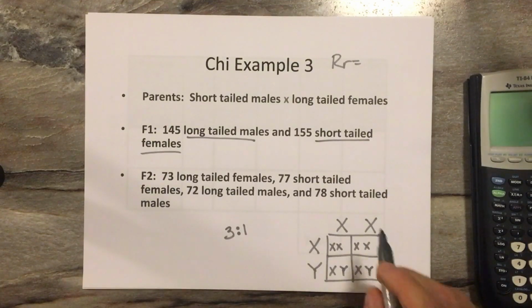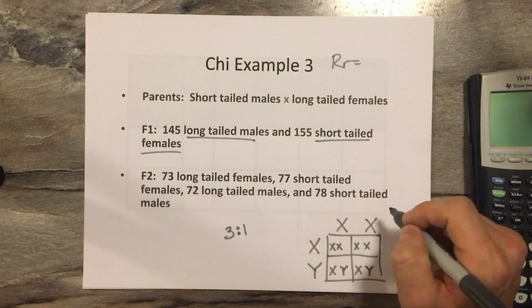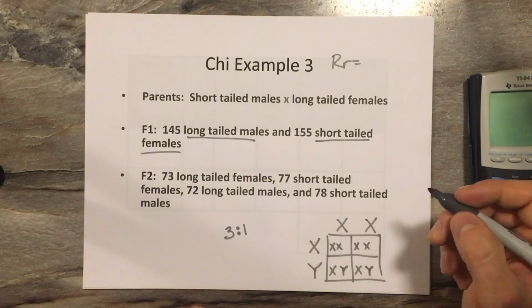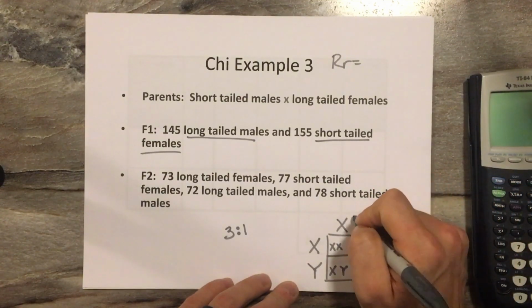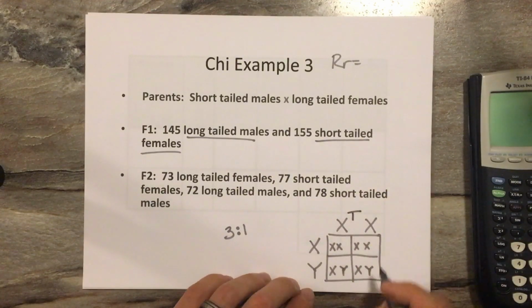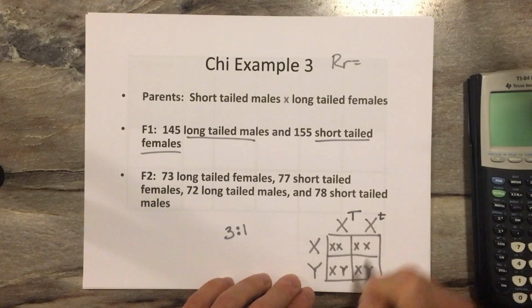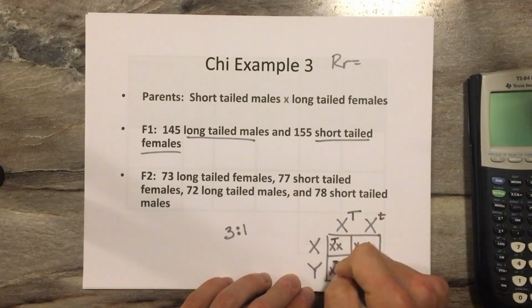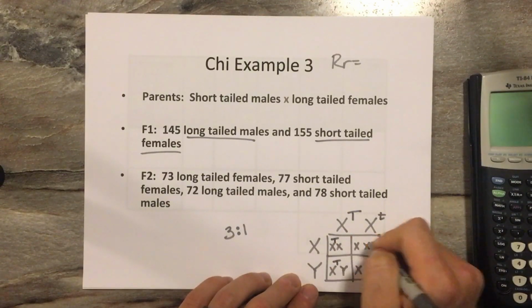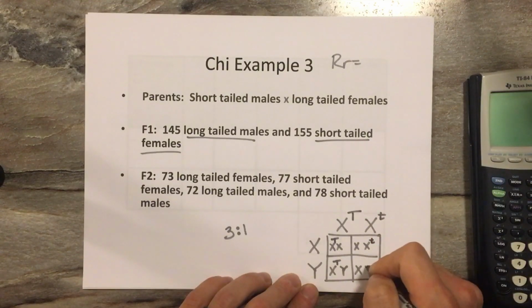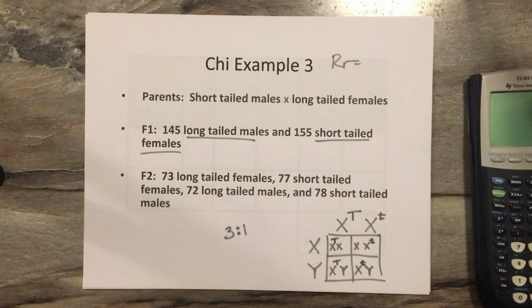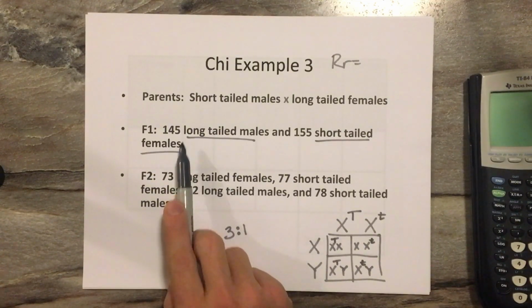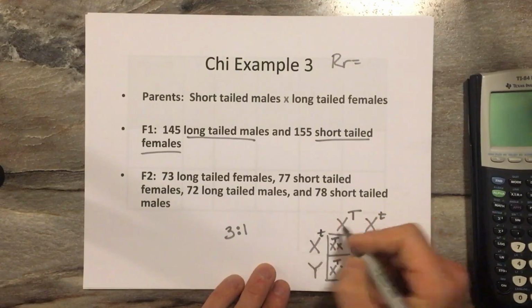So I'm just going to pretend that, let's say short-tailed is dominant, and we'll see if that works out. I'm going to use big T to represent that. We already said that the female has to be heterozygous, so carry these alleles down here, and there we go. And we know that the male was long-tailed, so we're saying that's a little t.